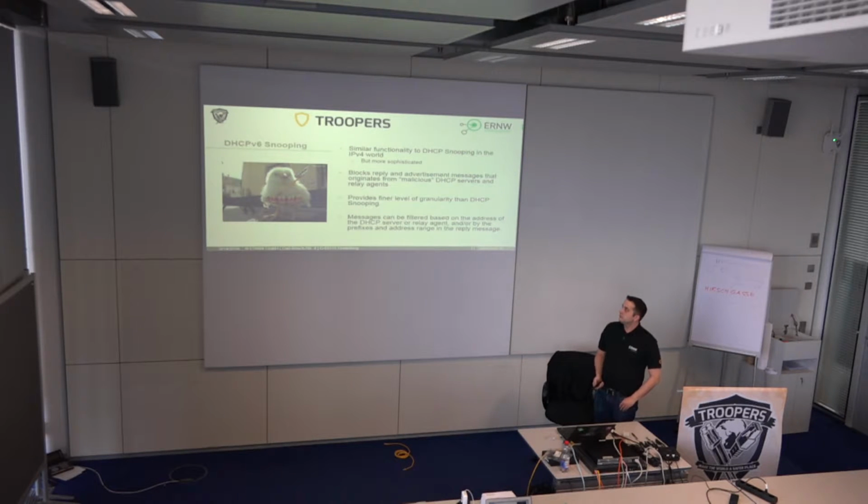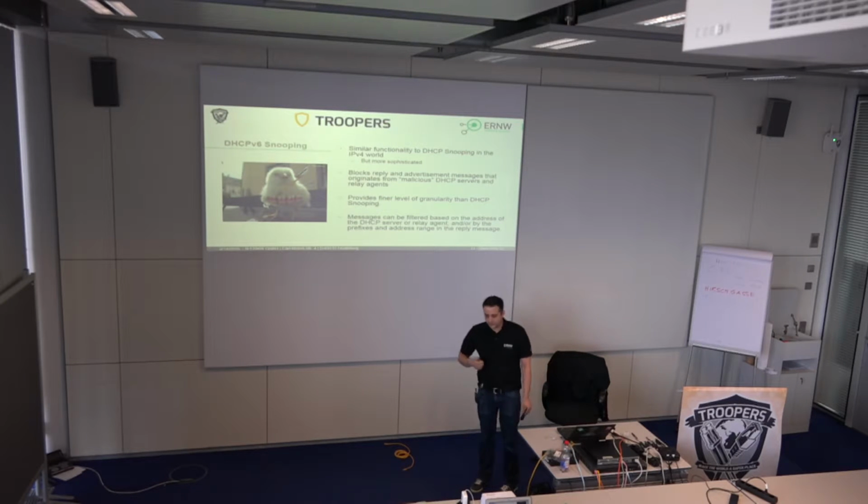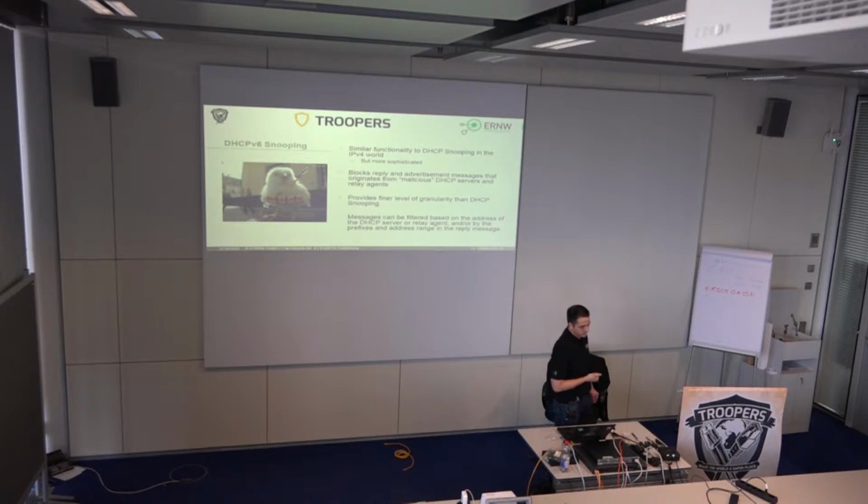Pretty similar to the IPv4 world where you have DHCP snooping, DHCPv6 guard provides a finer level of granularity than DHCP snooping, because you could theoretically specify what can be inside the DHCPv6 packets.